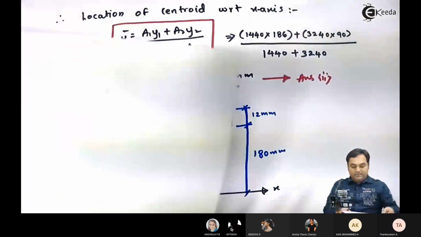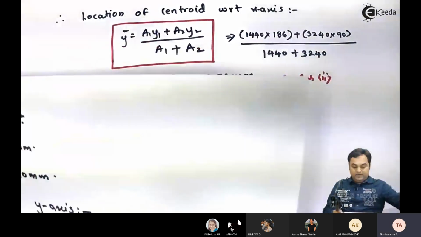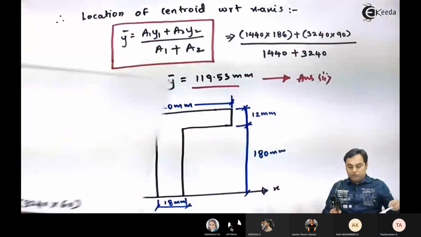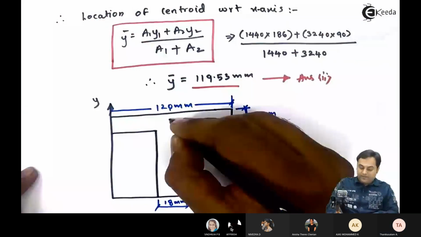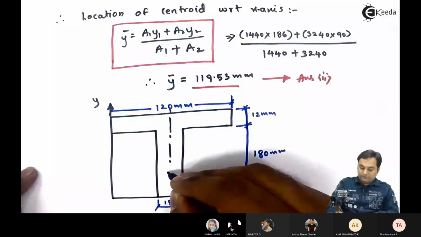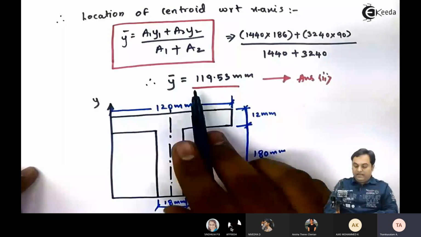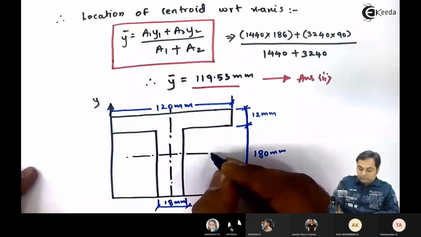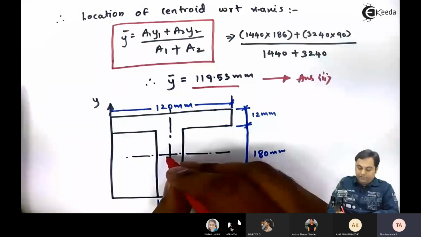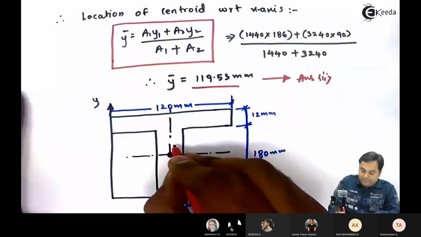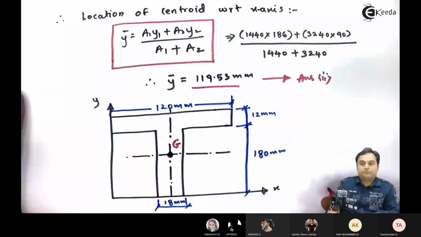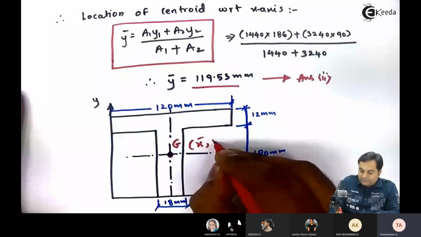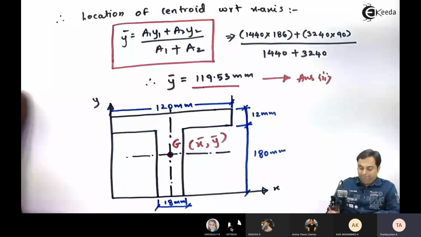x bar comes out to half of 120, and y bar is 119.5. So here is the centroid, which I am denoting by the letter G. x bar and y bar are the coordinates of the centroid.